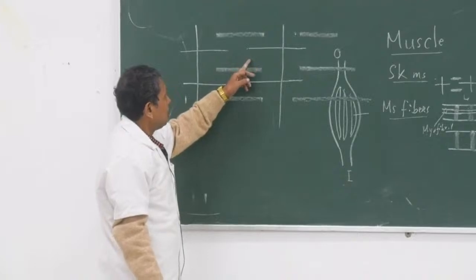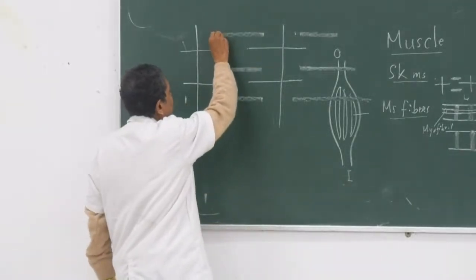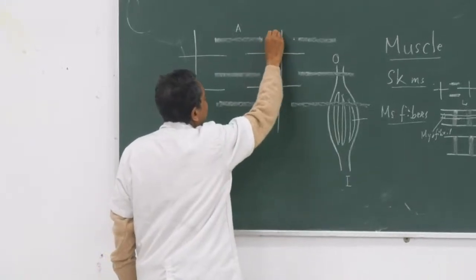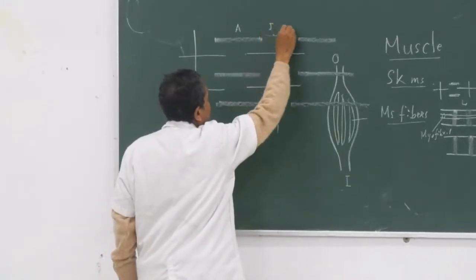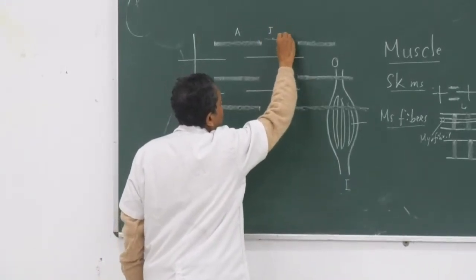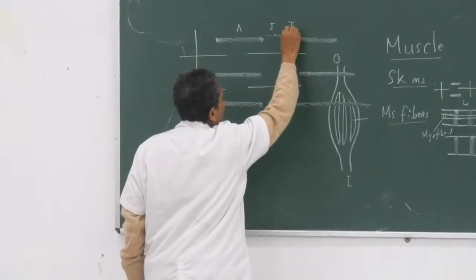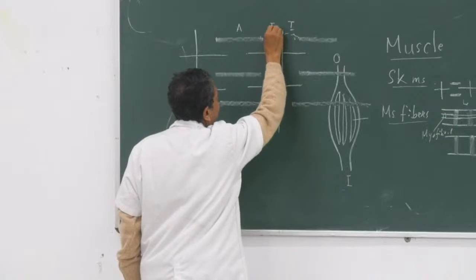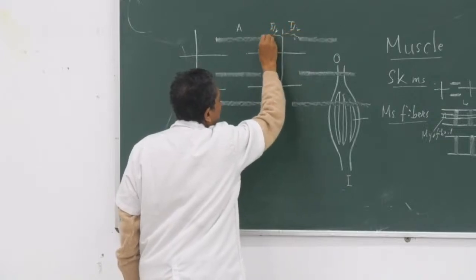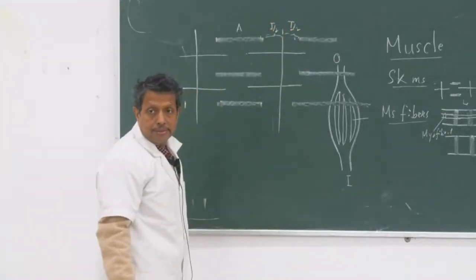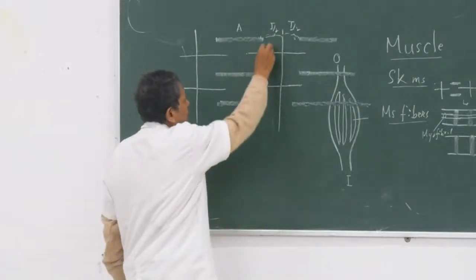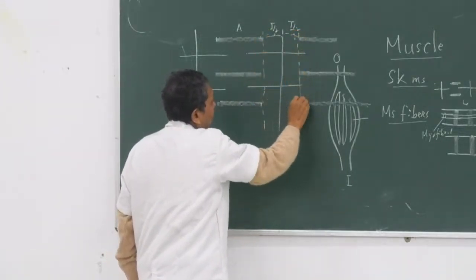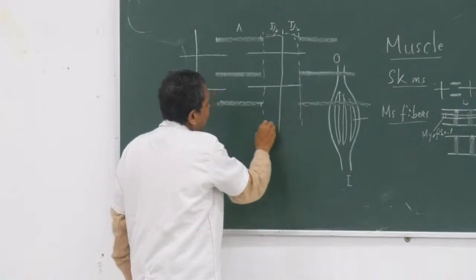And it is called A band, anisotropic band, and it is the I band. Totally, this is the I band total. This is I band. This is half I band. There is the I band, isotropic band. So it is in the resting position.